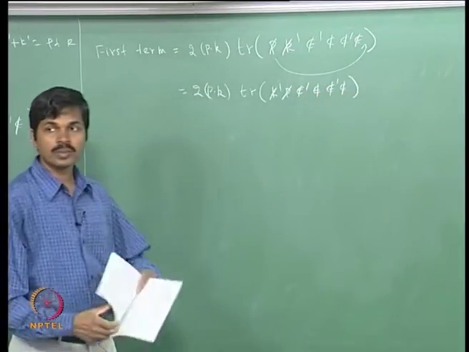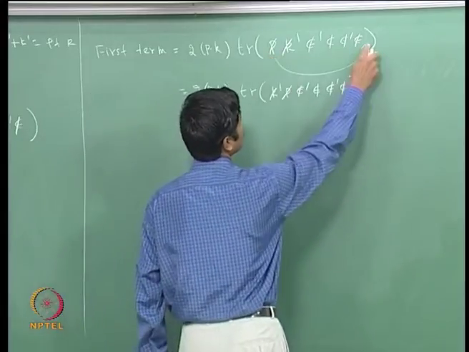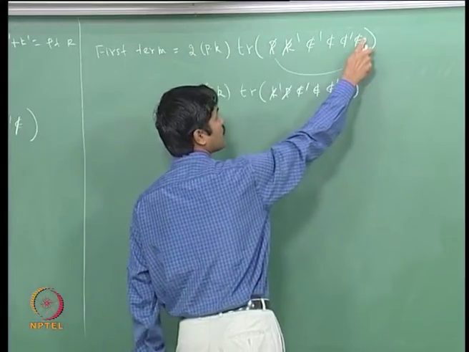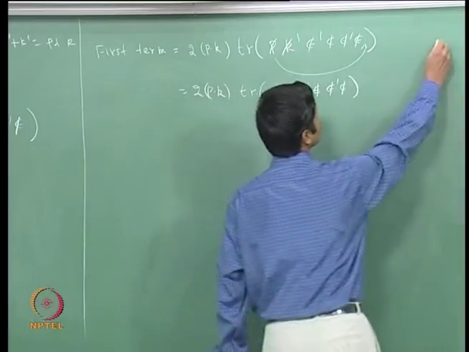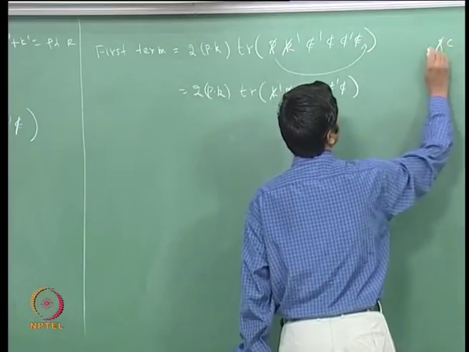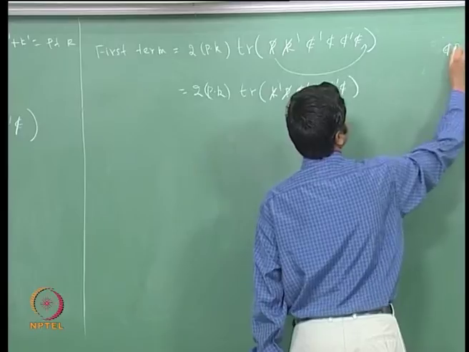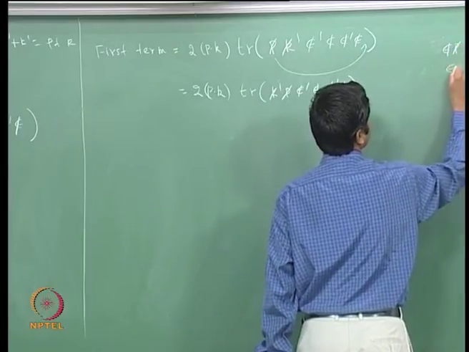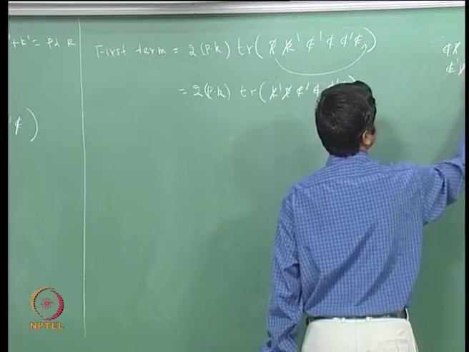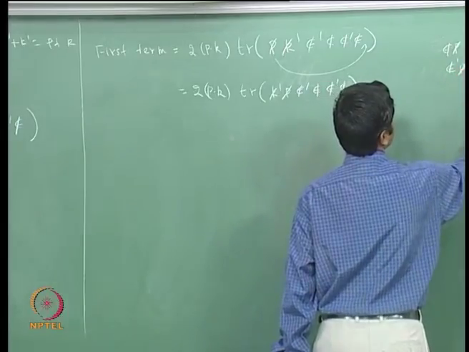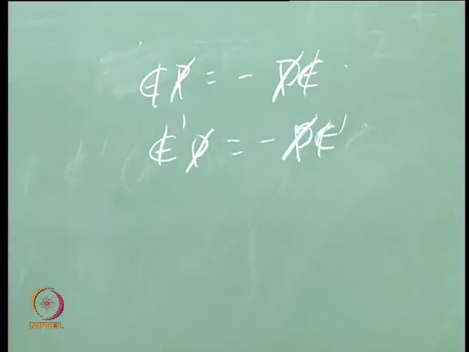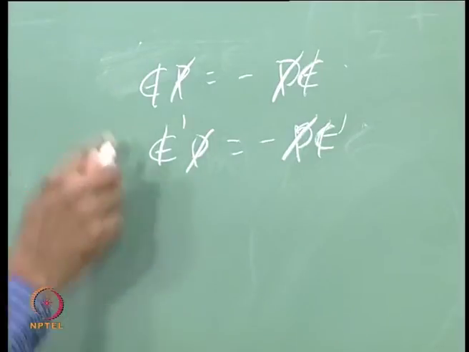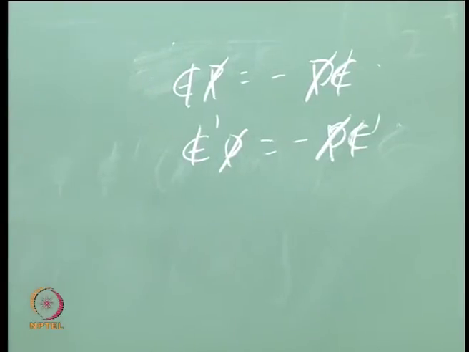Is this clear? First I use the cyclic property of trace, so that I take this p slash here, and then I use this property p slash epsilon slash p slash is minus p slash epsilon slash, and epsilon prime slash p slash equal to minus p slash epsilon prime slash. So, I use each of these twice, then I get this identity.